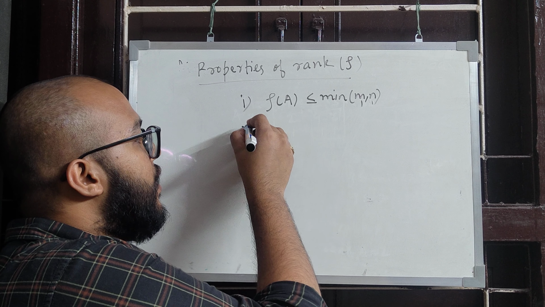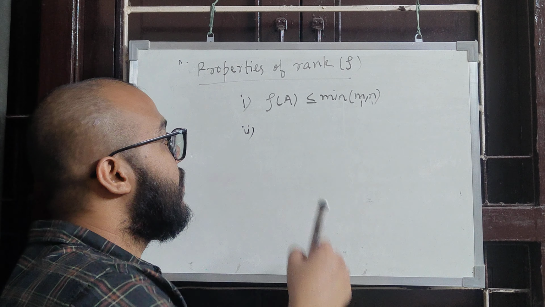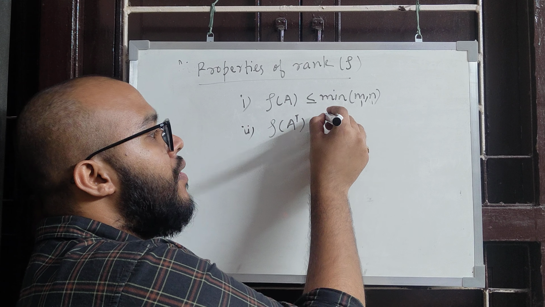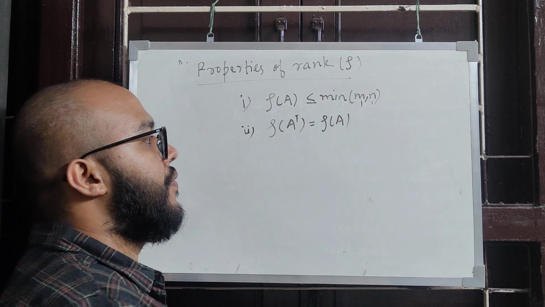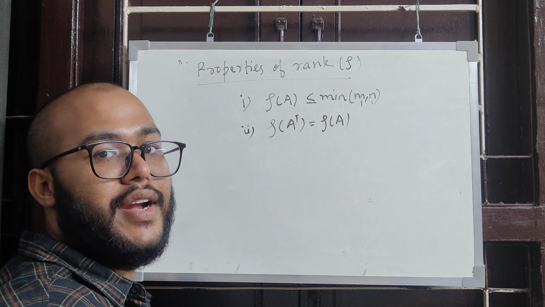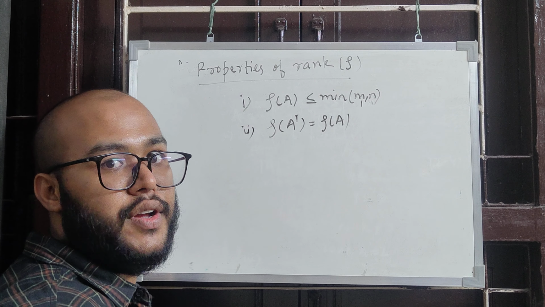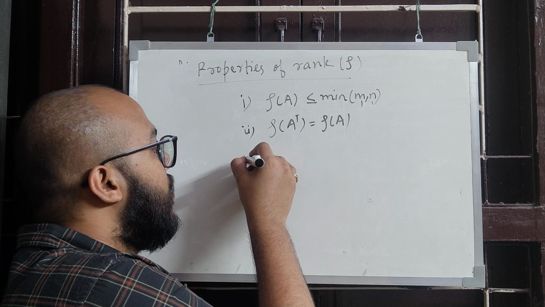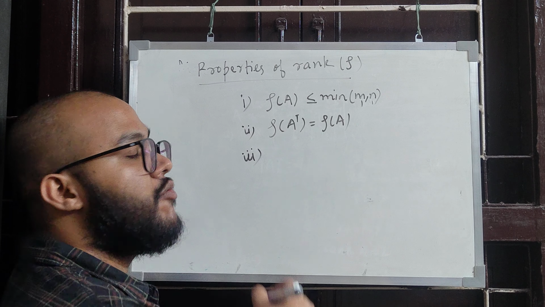Now, let's look at the second property. Rank of A transpose will always be equal to rank of A. Okay, we all know what A transpose is. Now look at the third property.